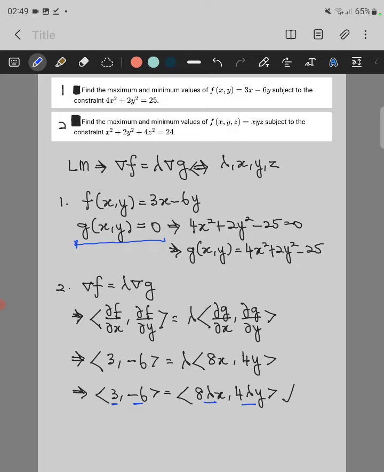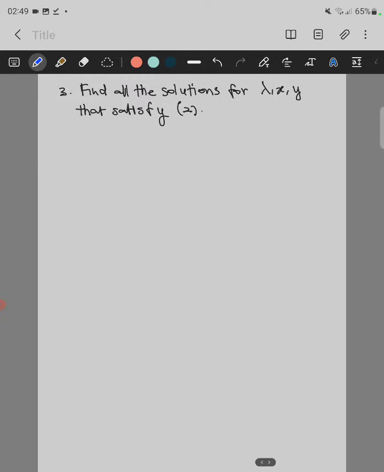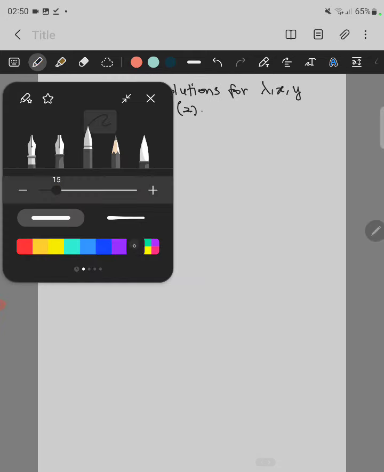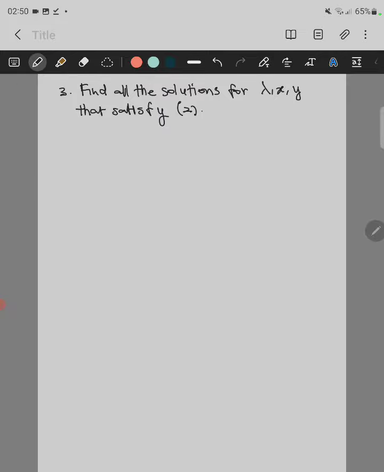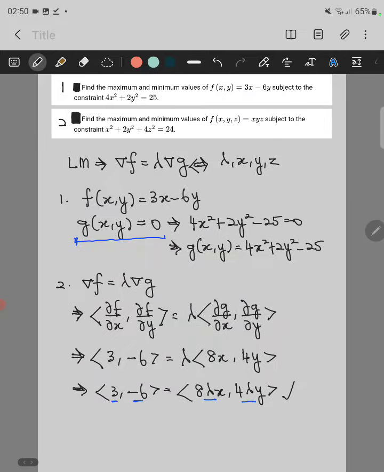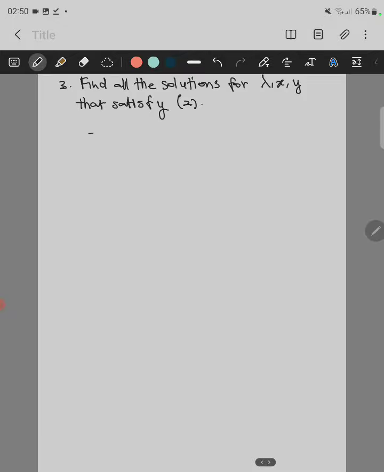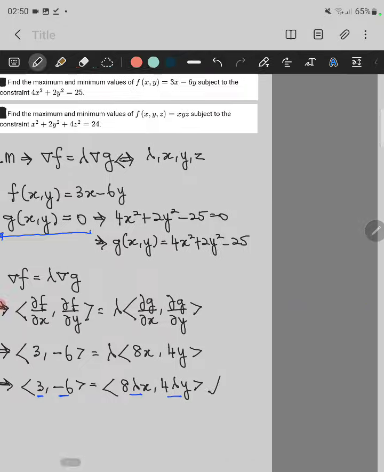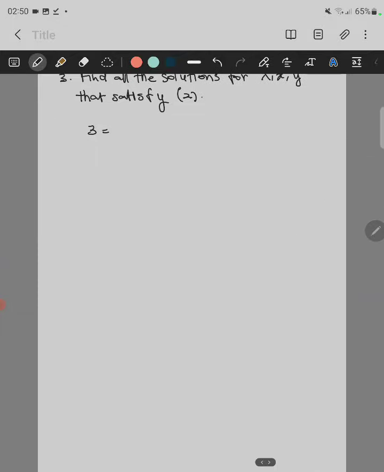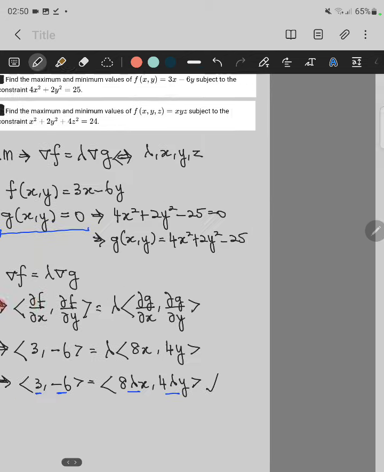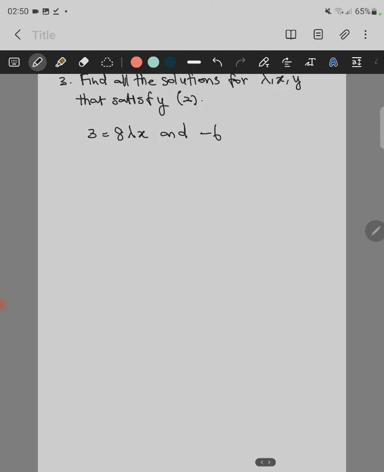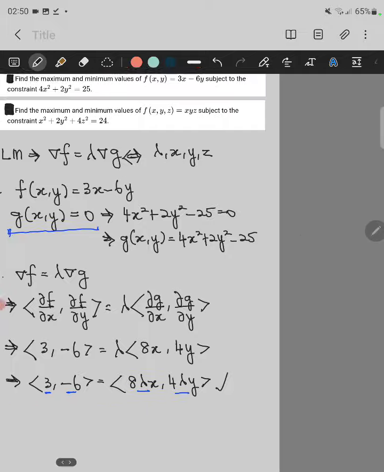So from the second step, we know that 3 is equal to 8 lambda x and minus 6 is equal to 4 lambda y.